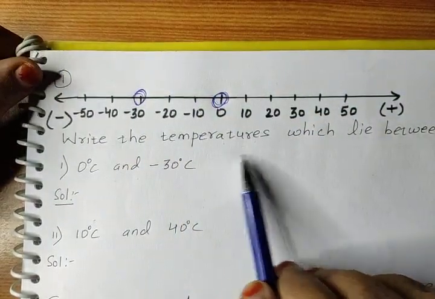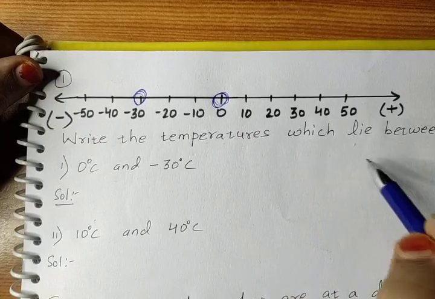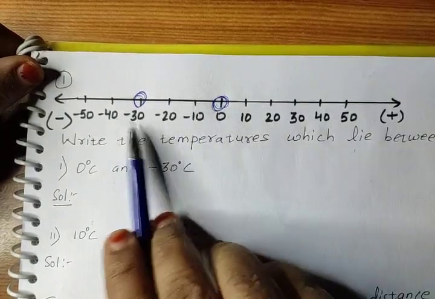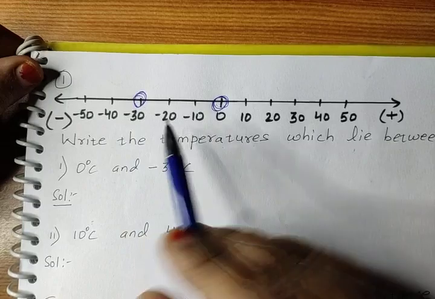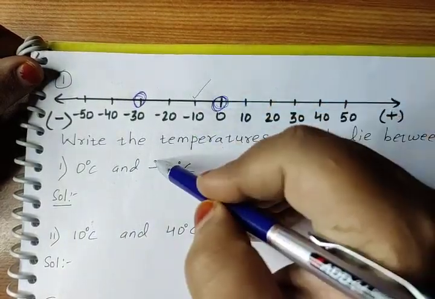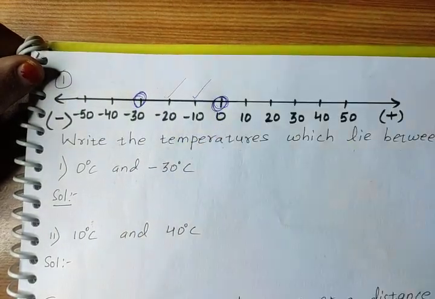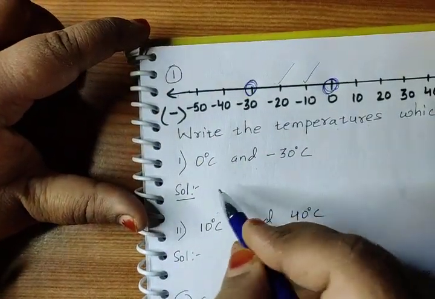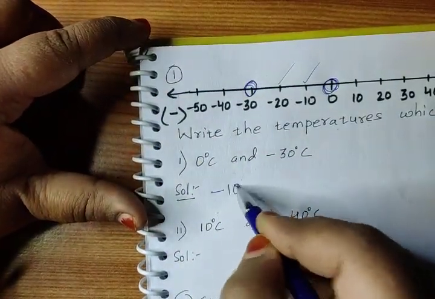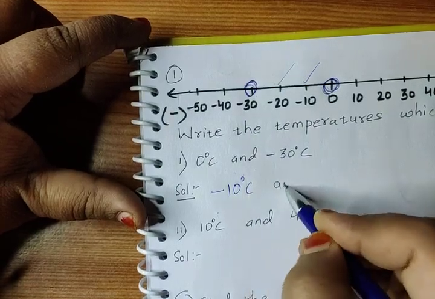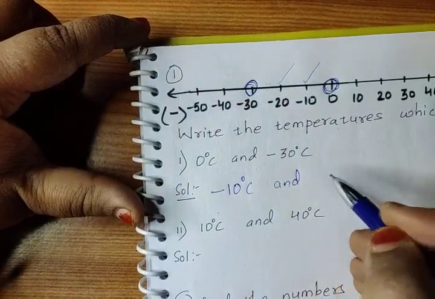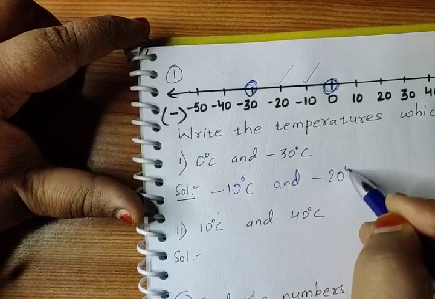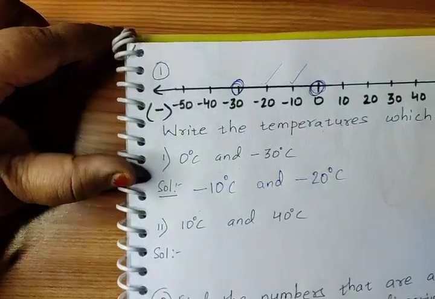Between 0 and minus 30, there are minus 10 degrees Celsius and minus 20 degrees Celsius. So we will write minus 10 degree Celsius and minus 20 degrees Celsius. Clear, children?